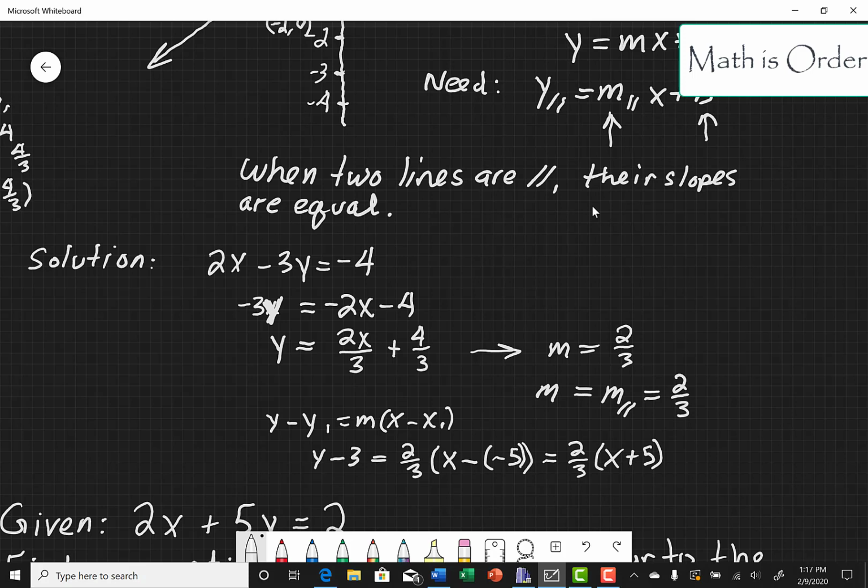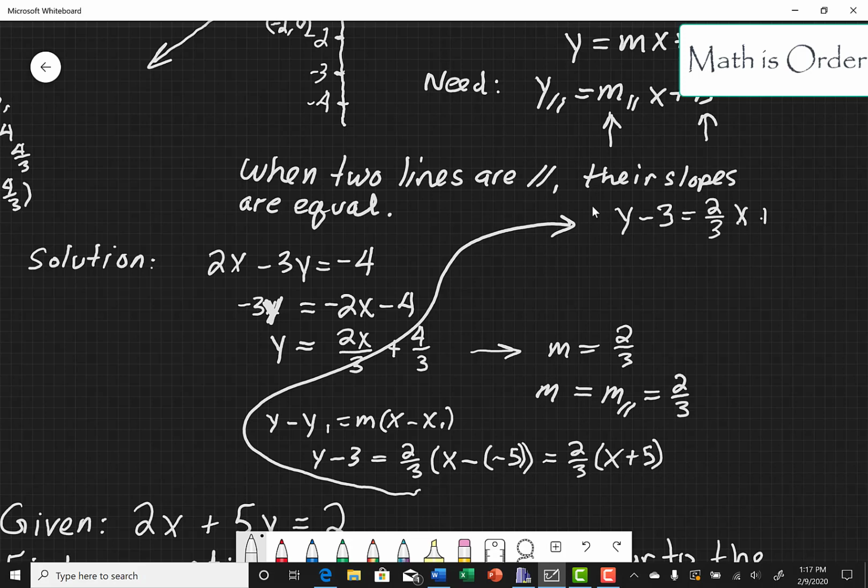I'm going to rewrite this because I'm running out of space, and move this all the way up here. When we rearrange, we've got y minus 3 equals 2/3 x plus 10 over 3. I distributed 2/3 times x and 2/3 times 5.